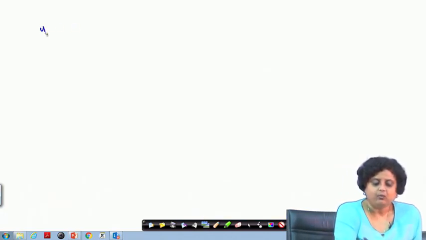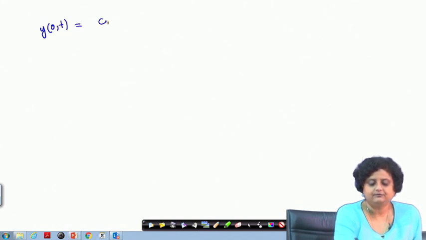So, y 0 t is phi 0 into T t, and that is equal to 0, and this implies phi 0 is equal to 0.